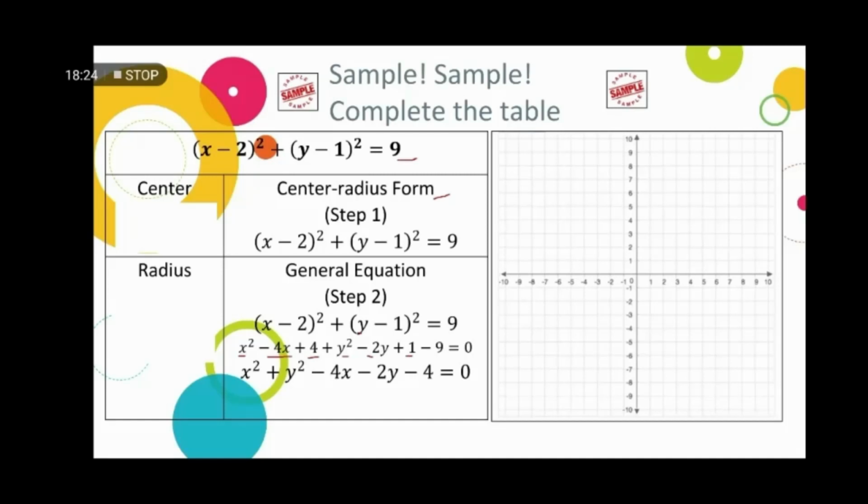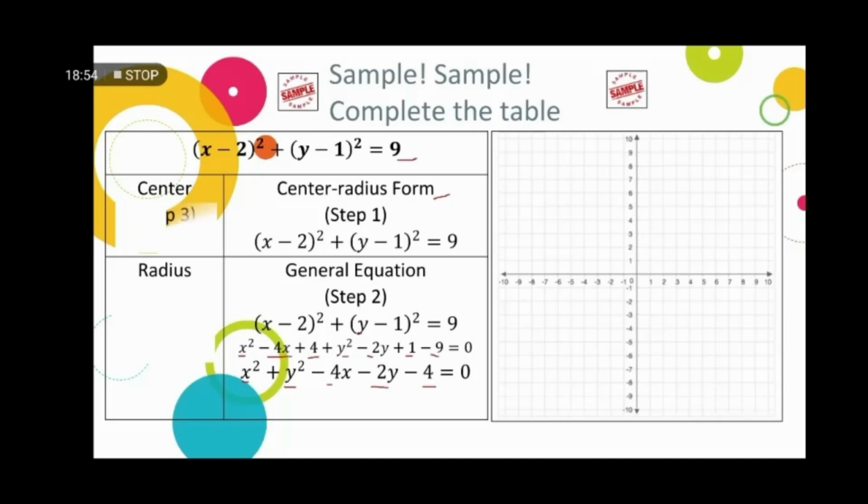Next, the 9 will be transposed from the right side to the left side. That's why it will become negative 9. So rearranging, x squared plus y squared minus 4x minus 2y, 4 plus 1 is 5, 5 minus 9 is negative 4. So that's the general equation.